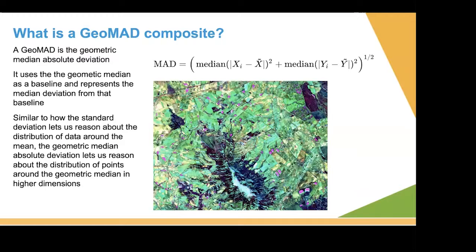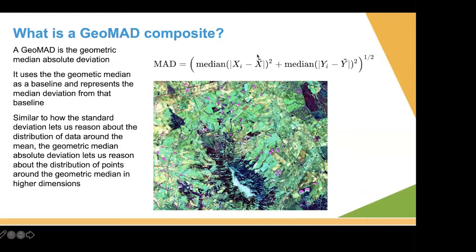So a good way to think about it is it's basically saying how much do these points vary around whatever I pick as my baseline. And for the Geomad, what we're picking for our baseline is, in this mathematical equation, the x with the tilde above it.